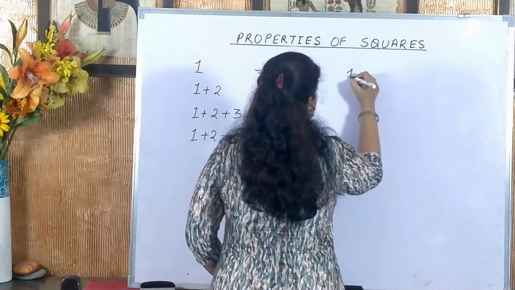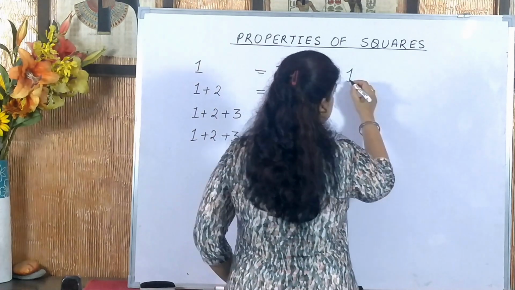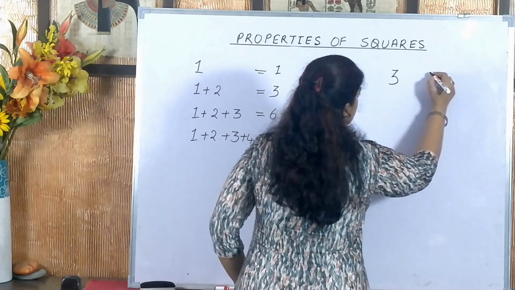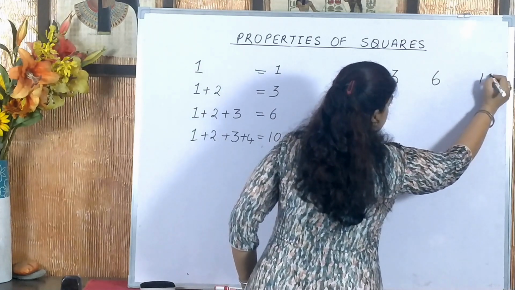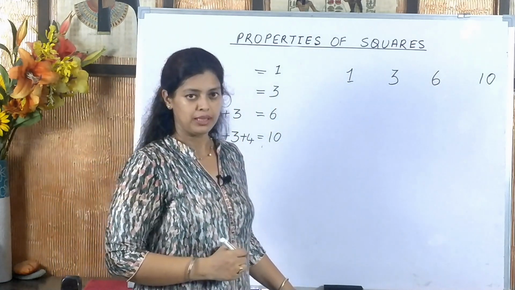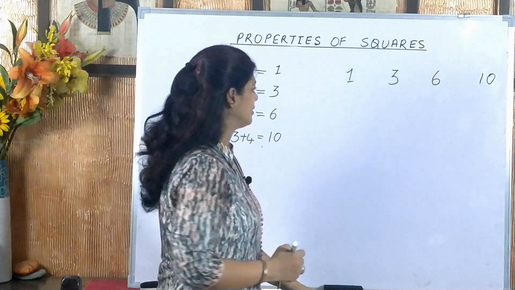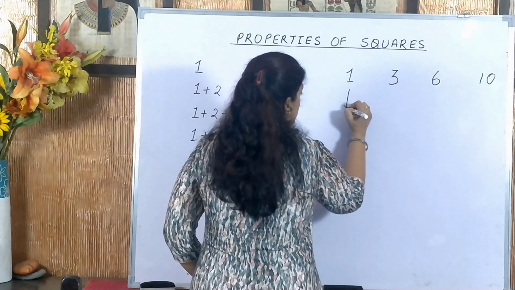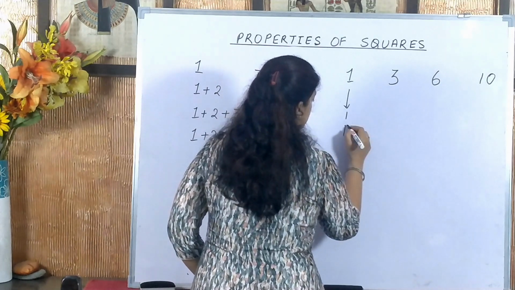And I can write the triangular numbers here: 1, the next one is 3, then 6 and 10. And when we add consecutive triangular numbers, we get the square numbers. 1 itself is a perfect square. 1 can be written as 1 square.